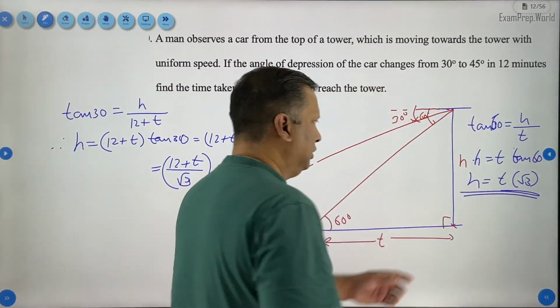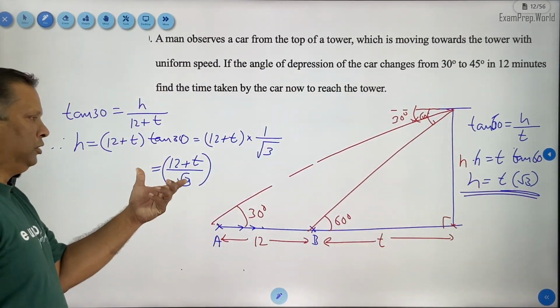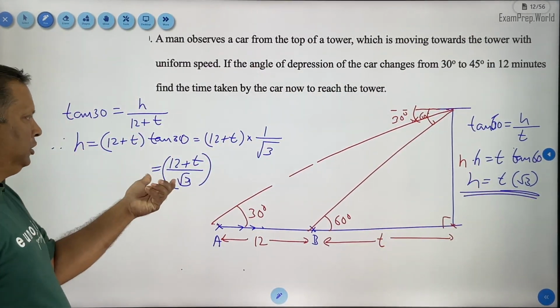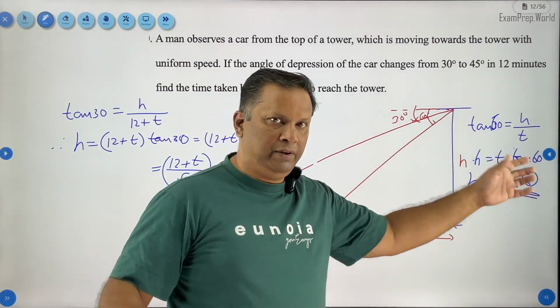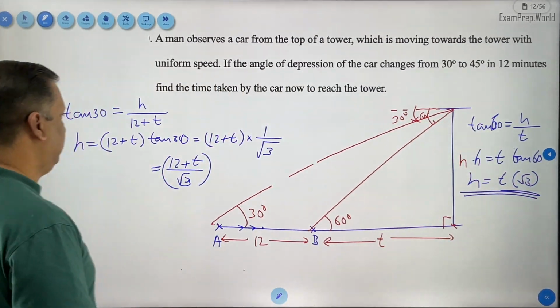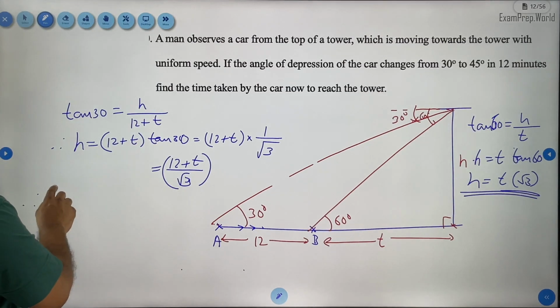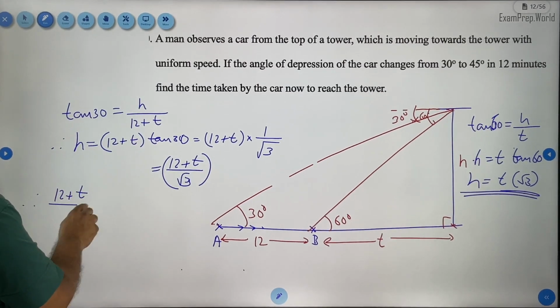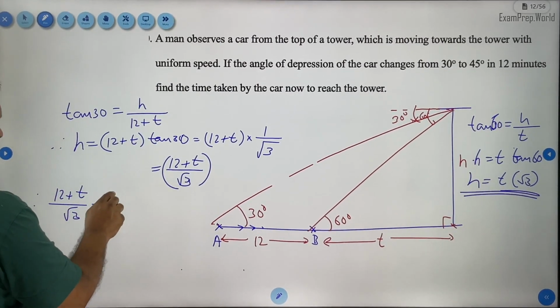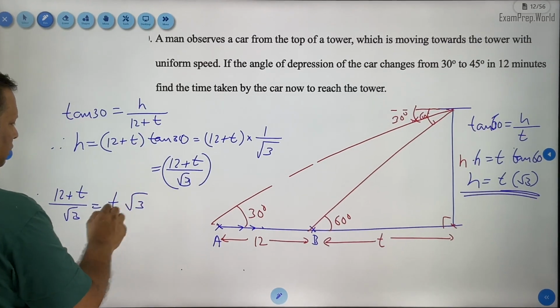Now watch carefully. This is also h. This is also h. H is this and h is this, so can we equate both the h's? Let's equate. Therefore, 12 plus t divided by root 3 equals t root 3.